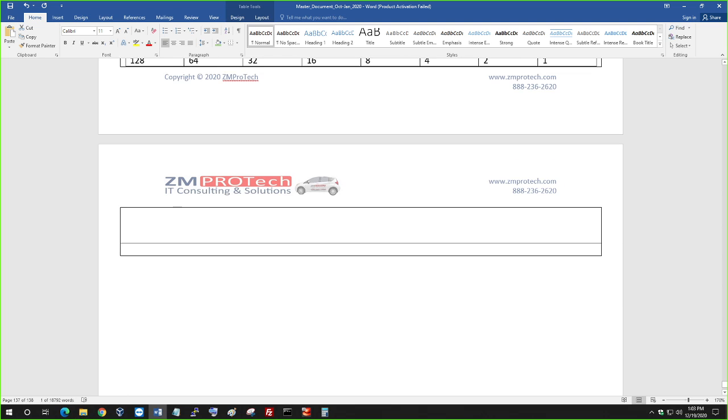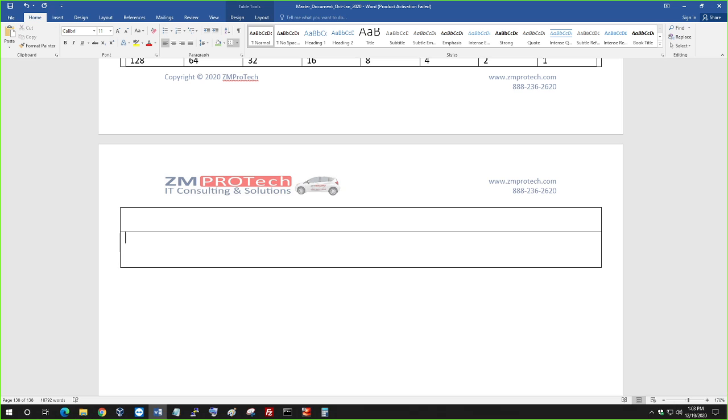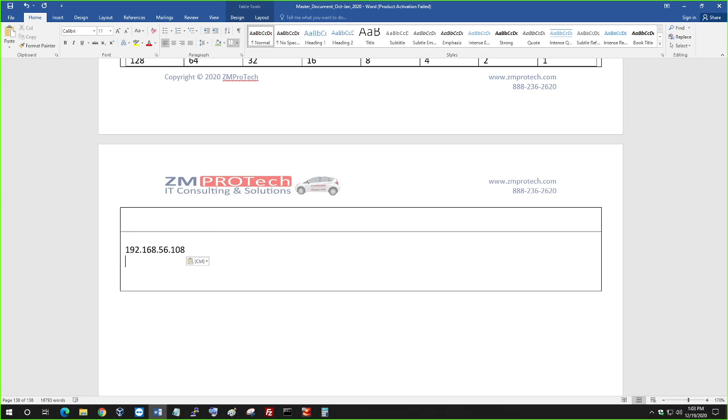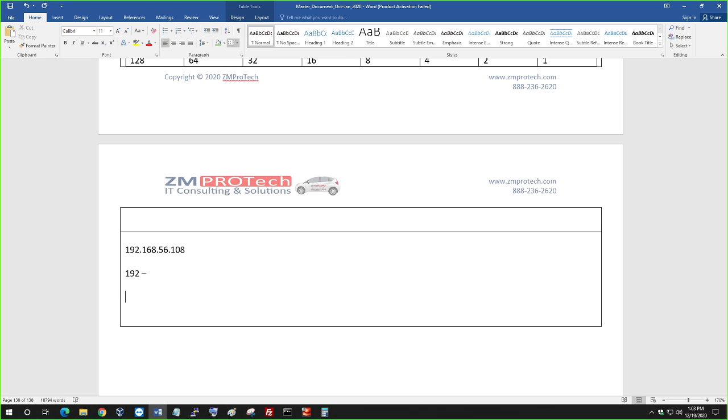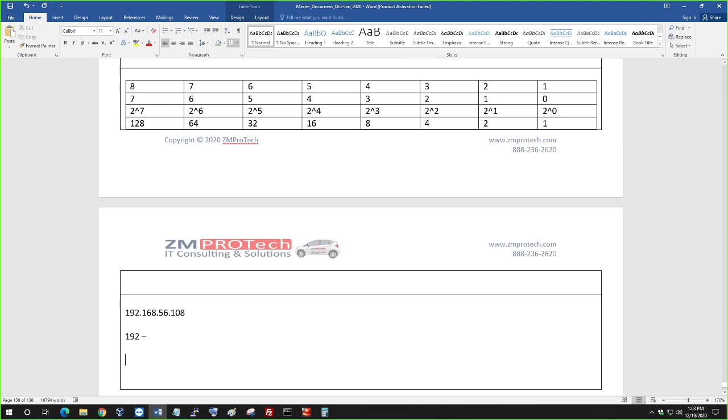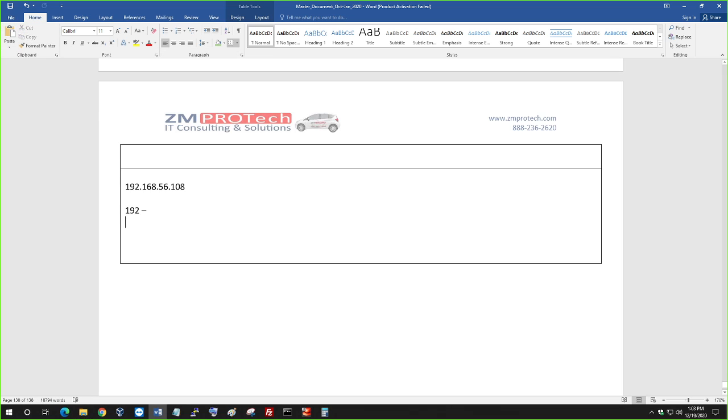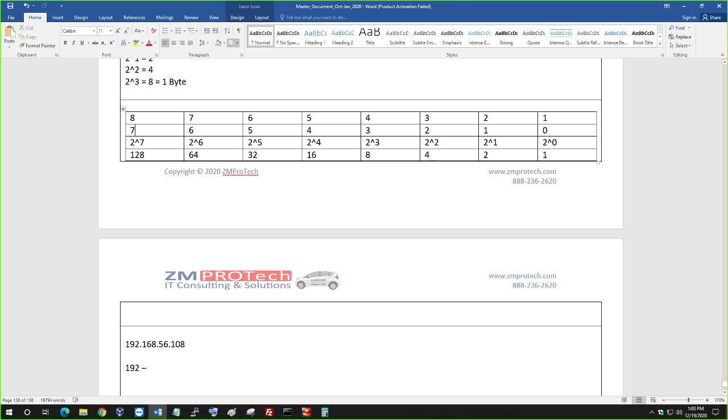In a real-world scenario, you don't really have to worry about this part. We need to find out what 192 is. We are not done yet. Let's copy this and put it in here. Before that, let me shrink this.